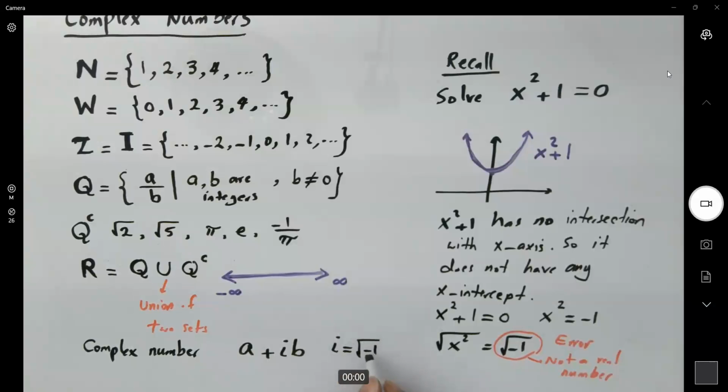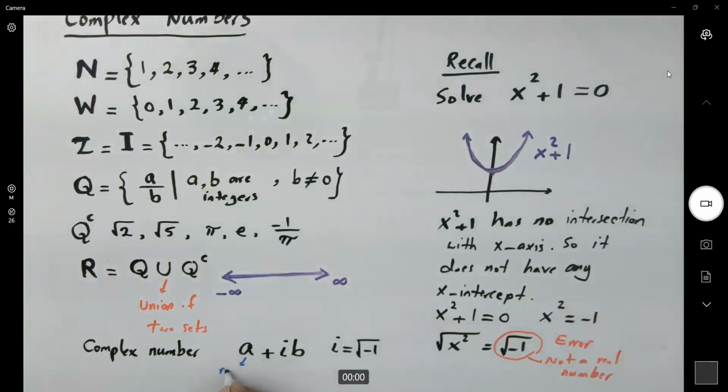The square root of -1 has a representation which is denoted by I. So a complex number is a real value, plus I, which is square root of -1, times b, which is another real number.